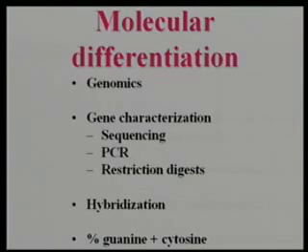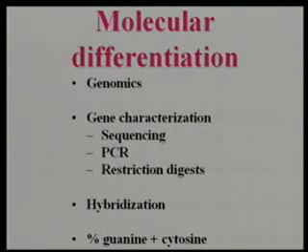Hybridization is a technique that was used, and I'm going to show you an example of that, get into more detail in a second. Hybridization is something that's been used a lot in the past. It really has sort of gone away nowadays, although it is a very useful technique, and some diehards still use it. And this is history. Percent guanine plus cytosine. Nobody does that anymore. Basically, the idea was by looking at the percent GC, or guanine cytosine, you could get some idea of the differences between different species.